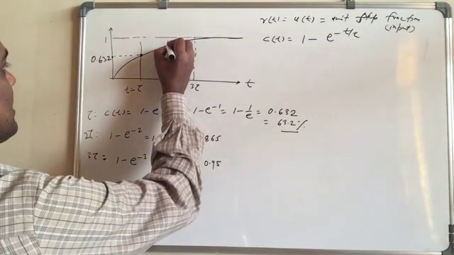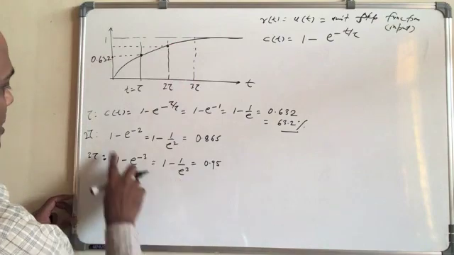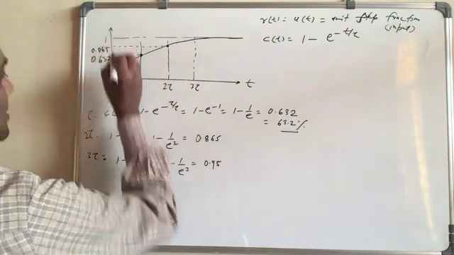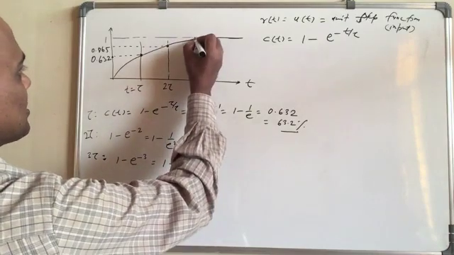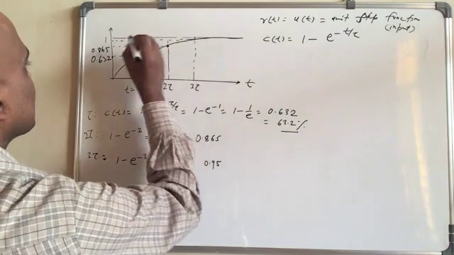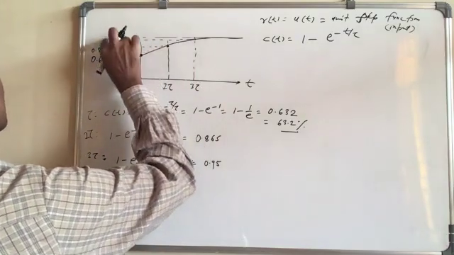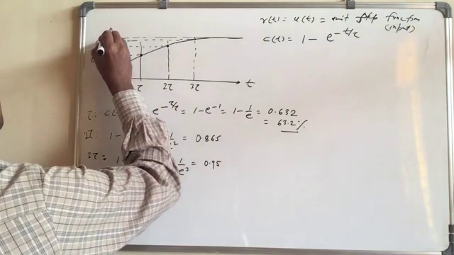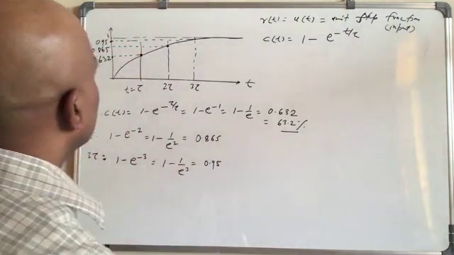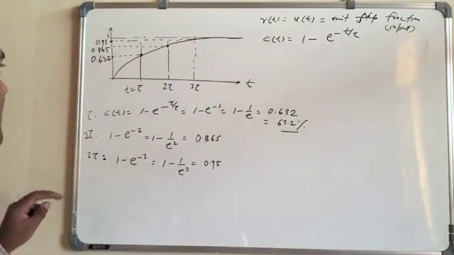So here this value is 0.865 and 0.95, and this is 1. So this is how it looks, and these are the characteristics we talk about.